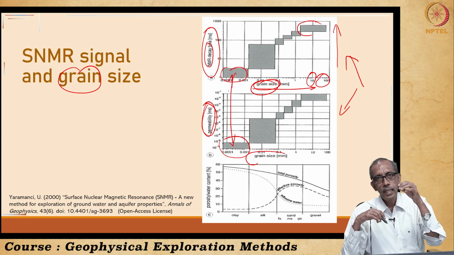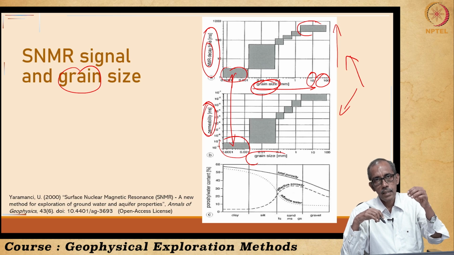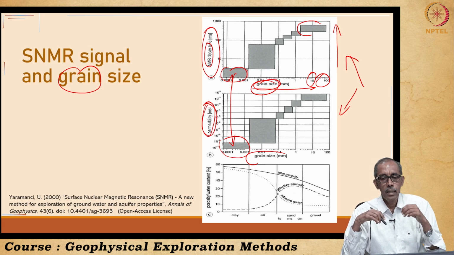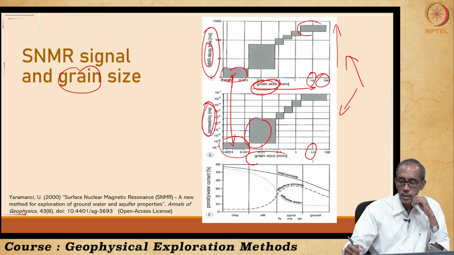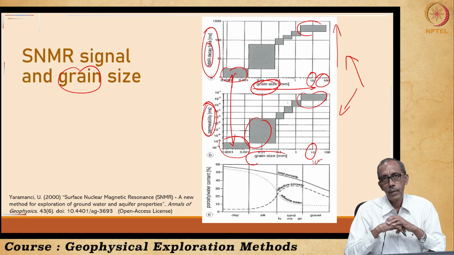When the grain size is smaller, NMR signal is less. Similarly, permeability is less. Permeability is the ability of a formation to transmit a fluid. And next is somewhat better. When the size of the grains is about 1 centimeter, then you have very high permeability.